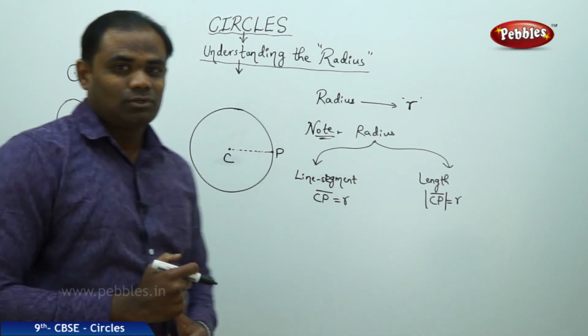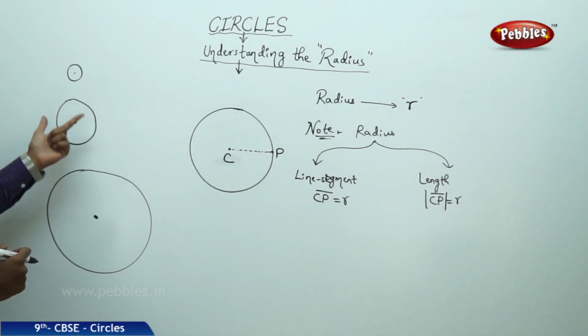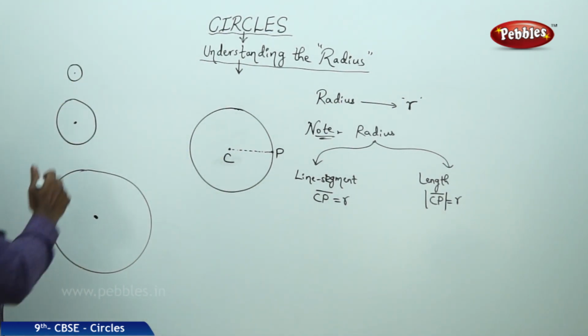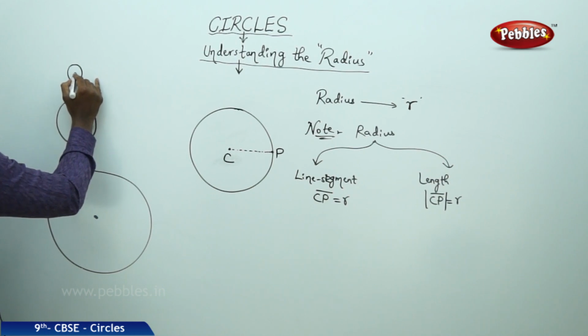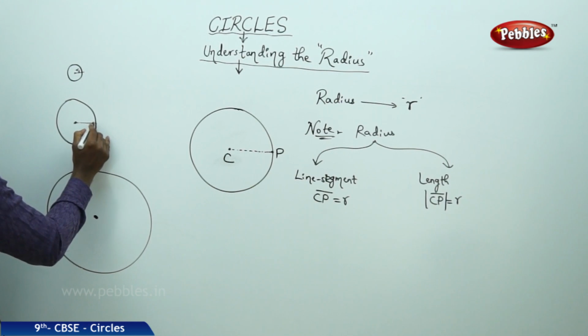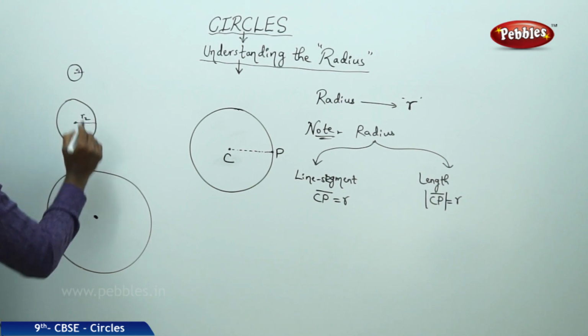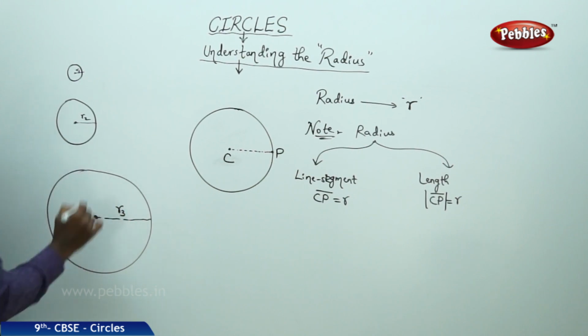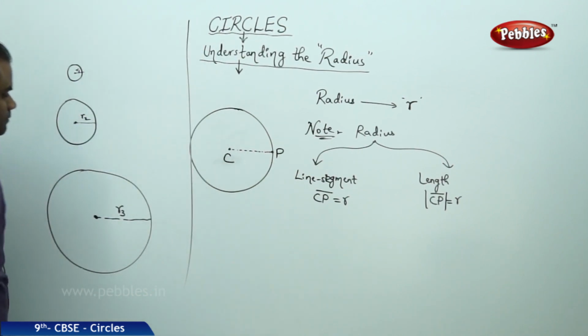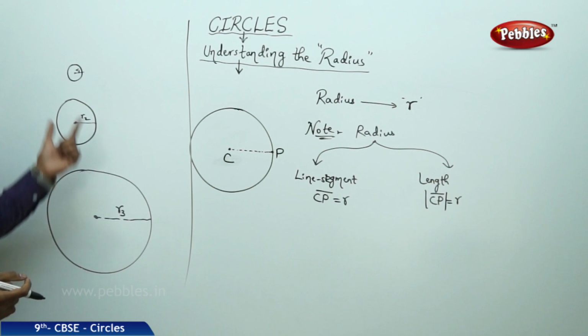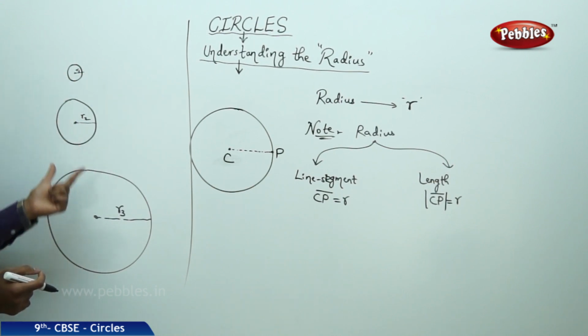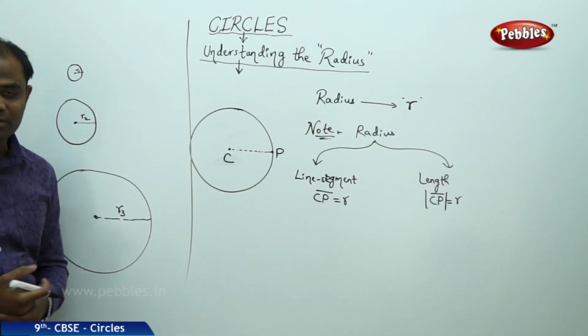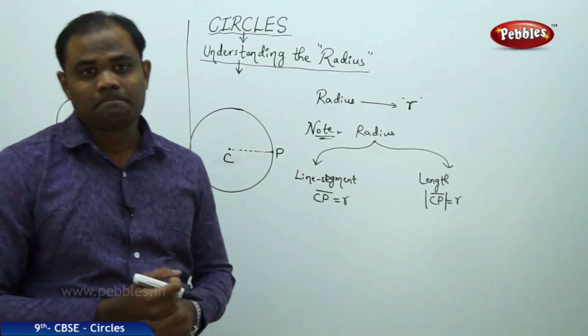How different? What is the relation between radius of this and this and this? So let me take the radius of the first circle as r1, the radius of the second circle as r2, and the radius of the third circle as r3. Then how do I connect r1, r2 and r3 is the biggest question out here.